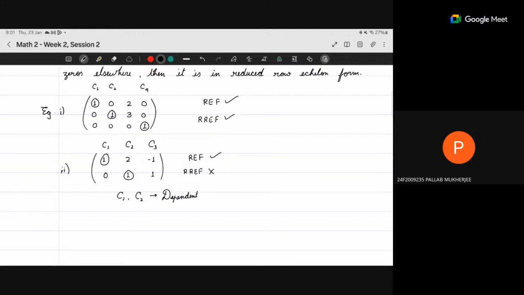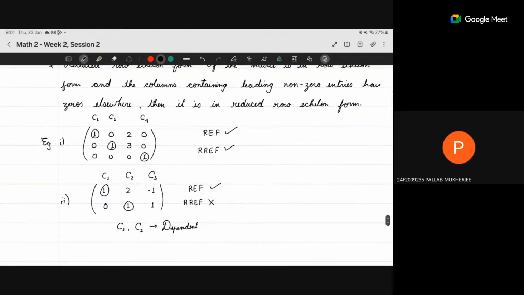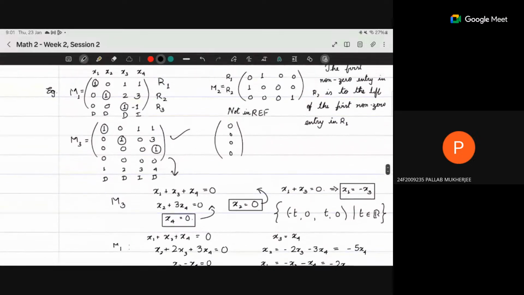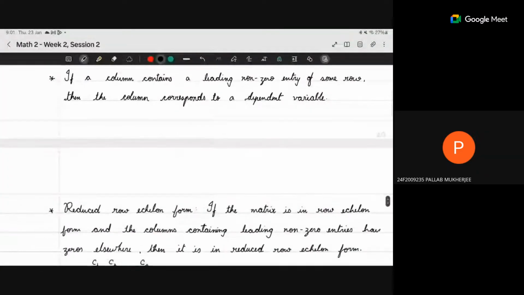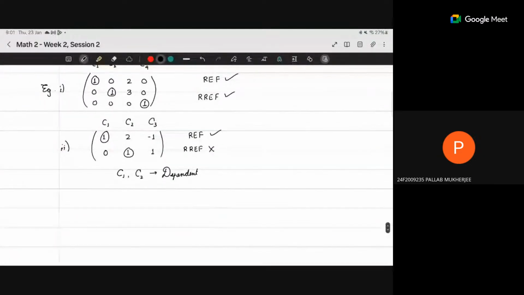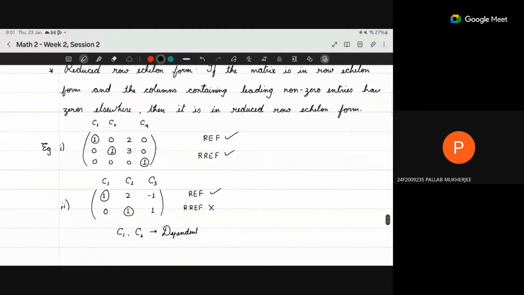For REF, you have these three rules. The first non-zero entry has to be 1, and the first non-zero entry of each row has to be to the right of the non-zero entry of the previous row. Now for RREF, you look at the columns corresponding to the leading entries, and those columns should not contain anything else other than that particular one.